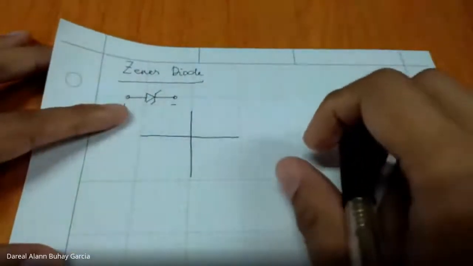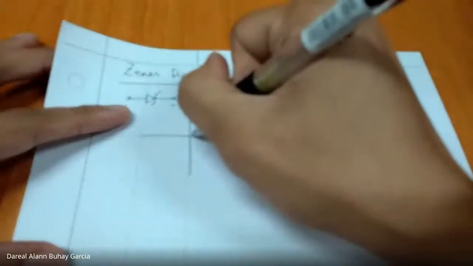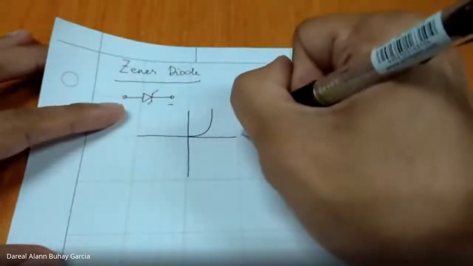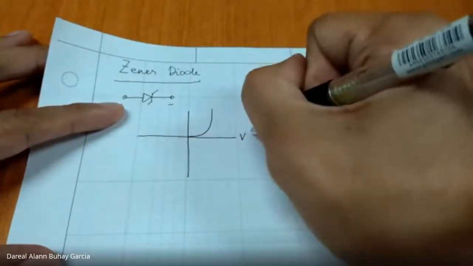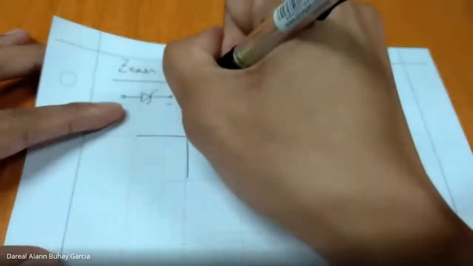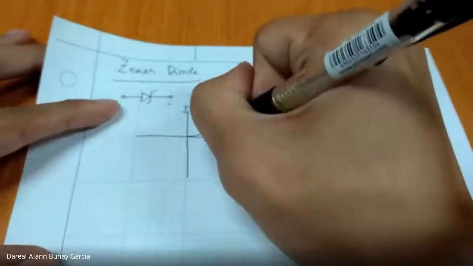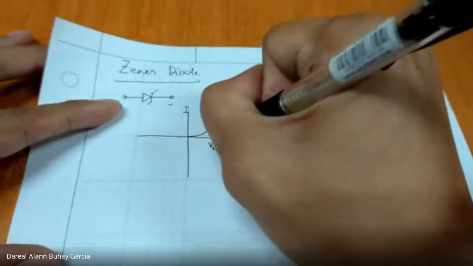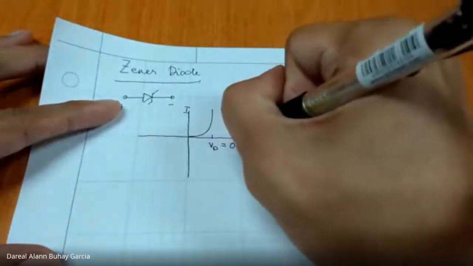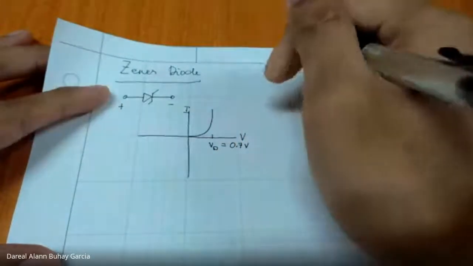If we remember, the characteristic curve of our regular diode operates in this part. This is the voltage drop, this is the current, so this is its I-V characteristic. And this is VD, which for silicon is approximately equal to 0.7 volts.